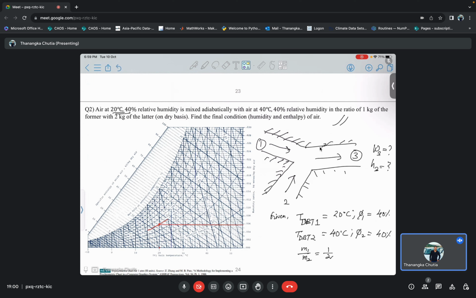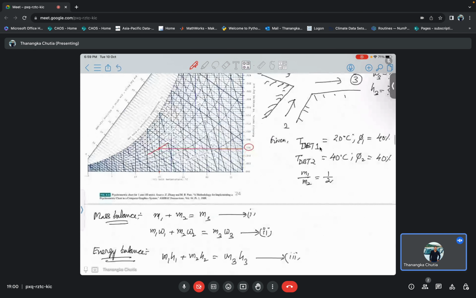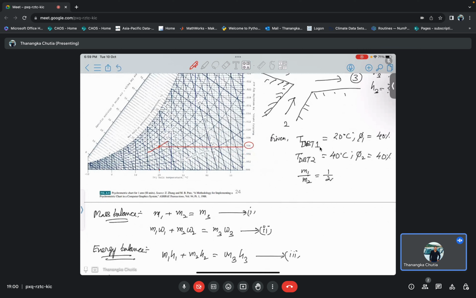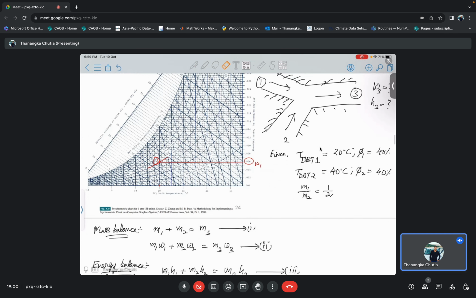So W1 is basically close to 0.006. Yes or no? W1 is close to 0.006. So this is your point number 1, and this is your W1. Similarly, how can we draw the enthalpy values? These are your constant adiabatic lines.